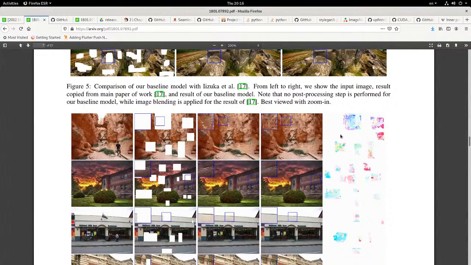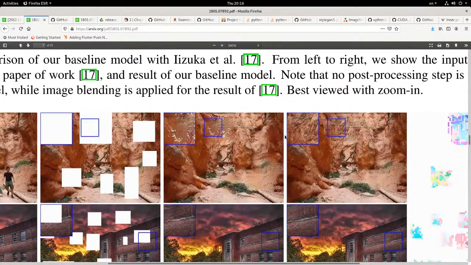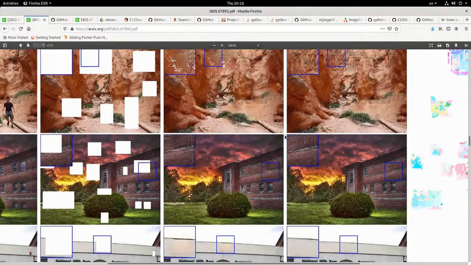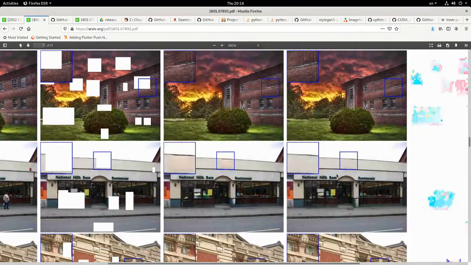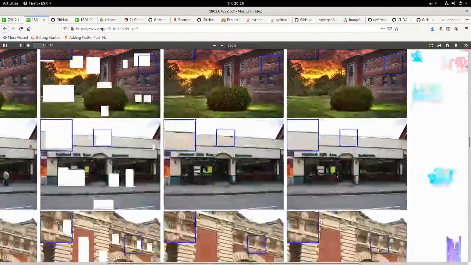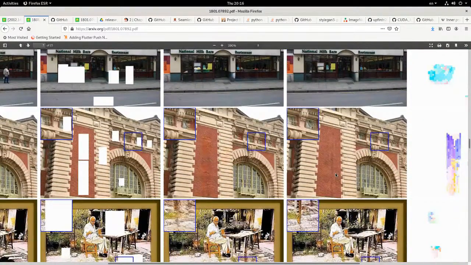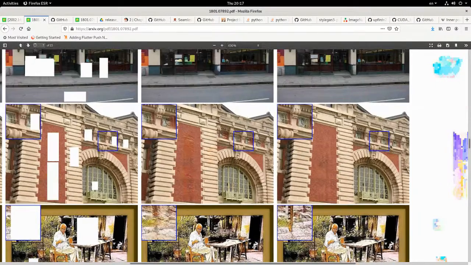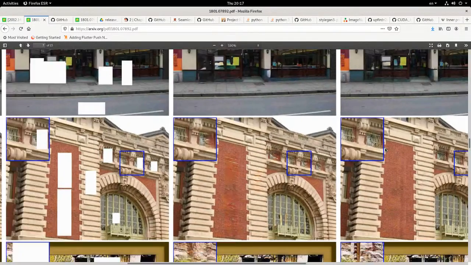Oh, here's the attention. Oh, interesting. Wow, that did really bad. Both of them did terrible. Well, that did really good. Yeah, that's fantastic.